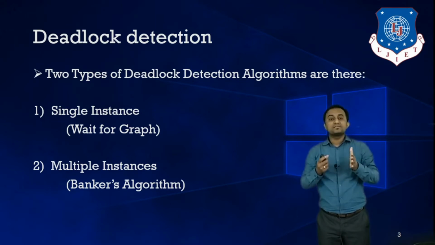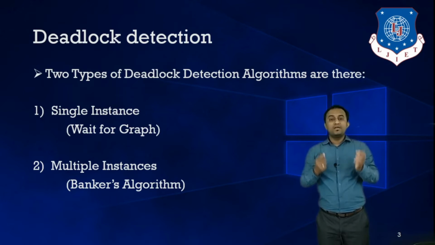If we have single instance resources and we want to identify whether deadlock occurs in the system or not, with the help of this wait for graph we can come to know whether the deadlock is there or not. As far as multiple instances are concerned, that detection we can identify with the help of the Banker's algorithm.